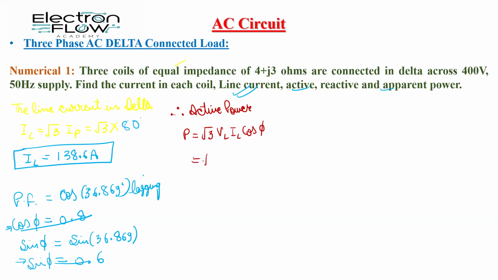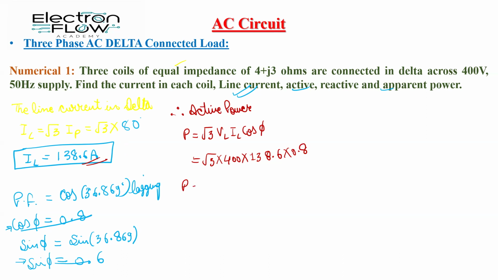So root 3 into the line voltage 400, into the line current 138.6, multiplied by 0.8.